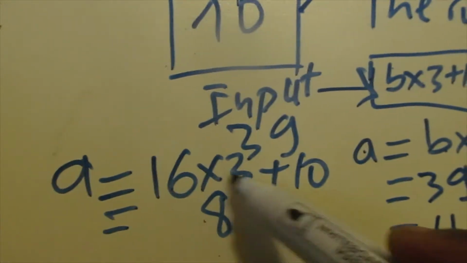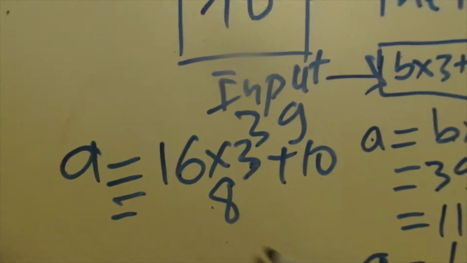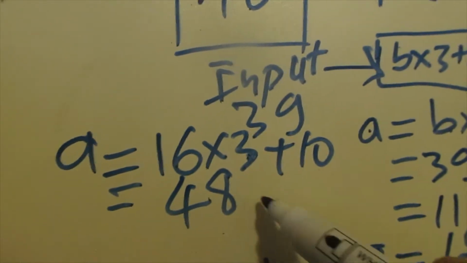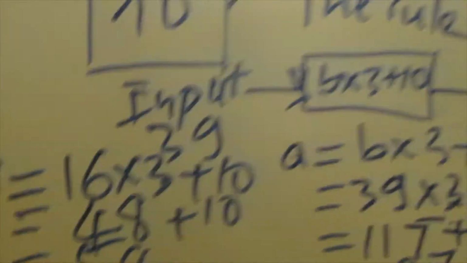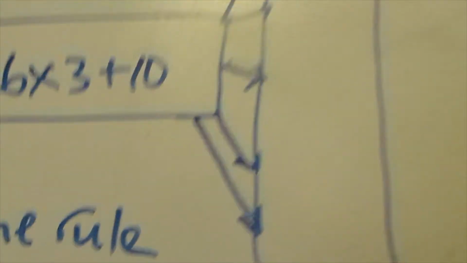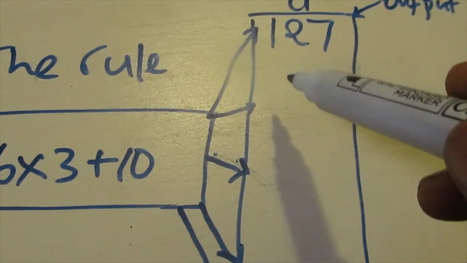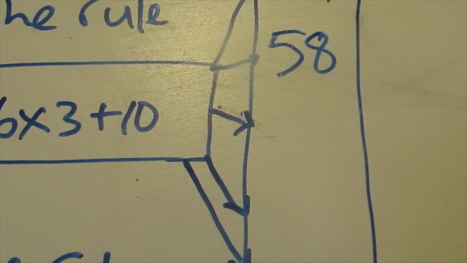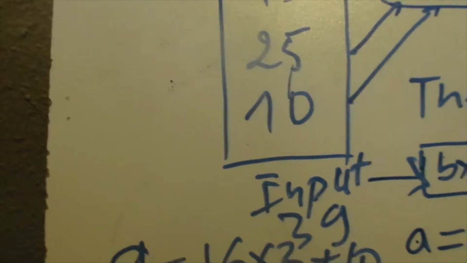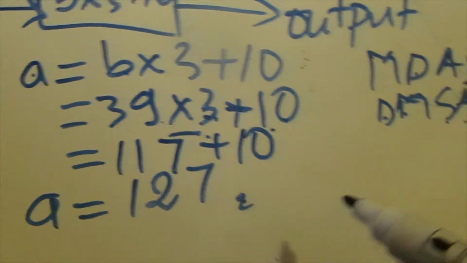We carry 1. 3 times 1 equals 3, plus the carried 1 equals 4, plus 10, we have 58. So this one here is our second output, 58. So we carry on with the same rule to get our third output.